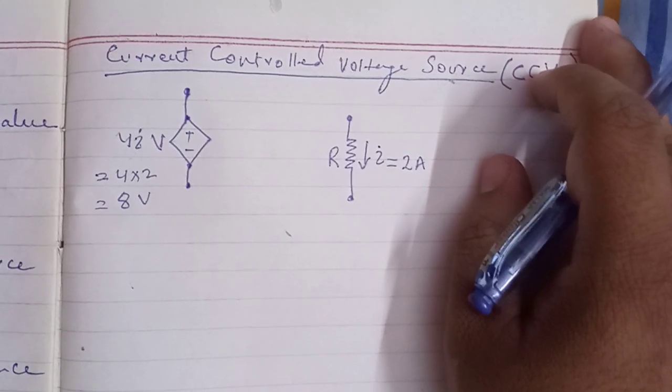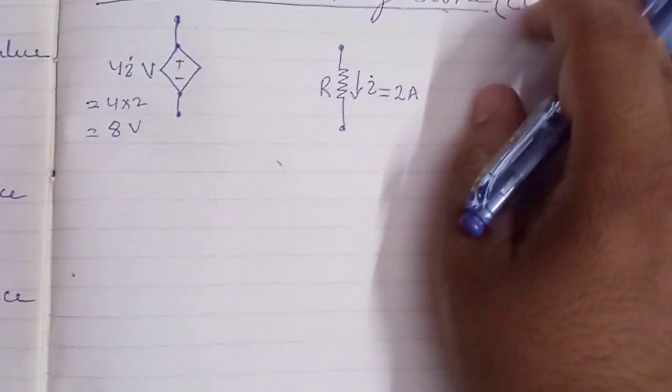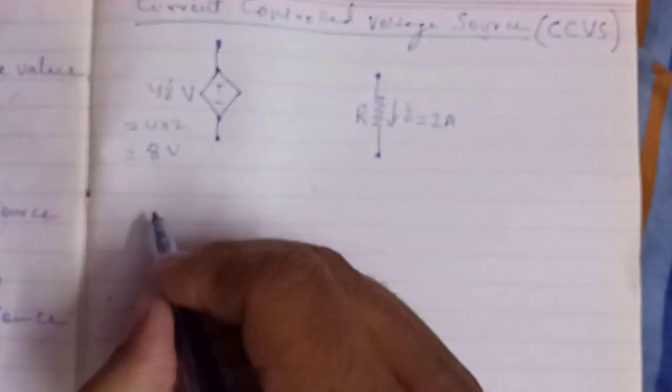Now there are two types of dependent current source as well. So write down the heading: dependent current source.